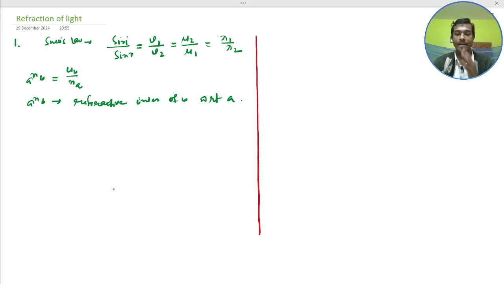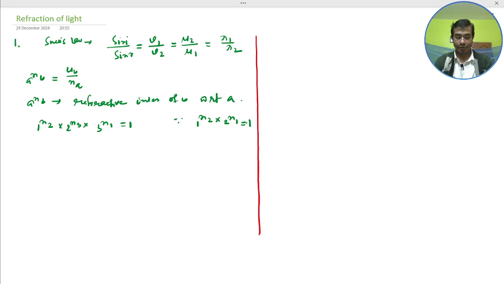Or second one, the property: 1n2 into 2n3 into 3n1 is equal to 1, as 1n2 into 2n1 is equal to 1.